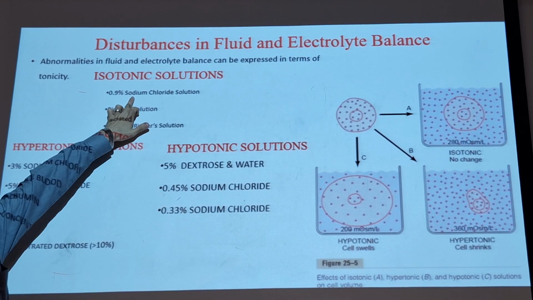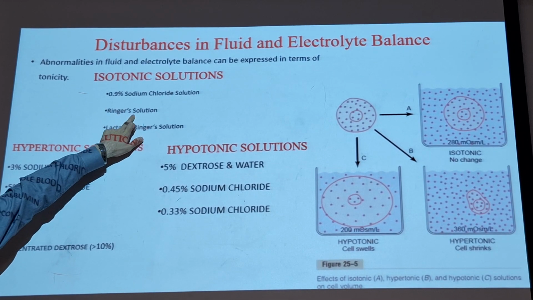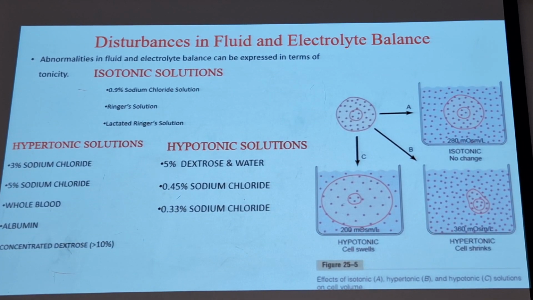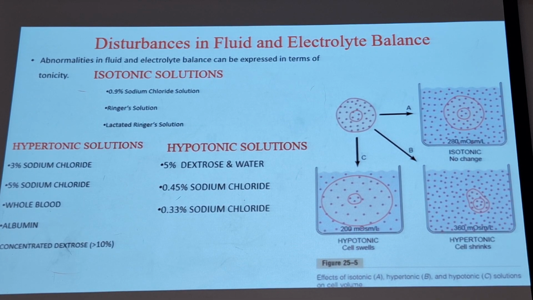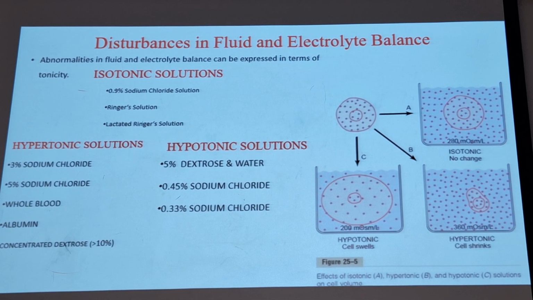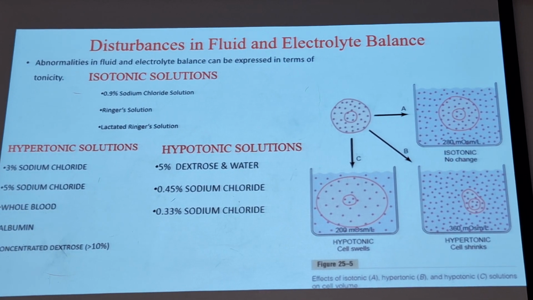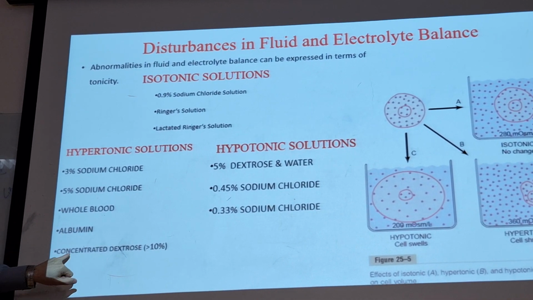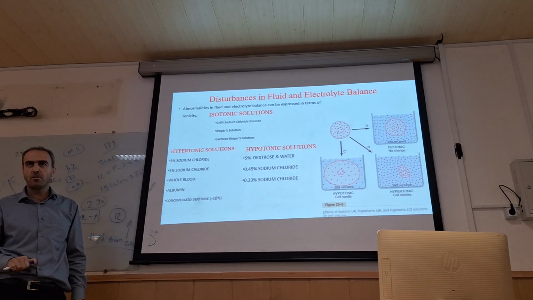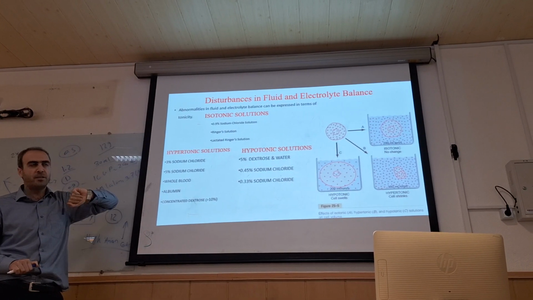In addition to normal saline, we have Ringer's solution and lactated Ringer's solution. Again, the osmolality is equal to the plasma. Hypertonic solutions include 3% sodium chloride, 5% sodium chloride, whole blood, albumin, and concentrated dextrose. All of them are hypertonic.